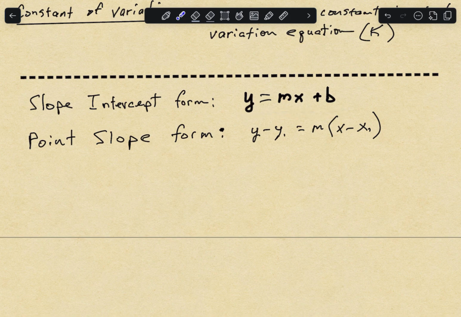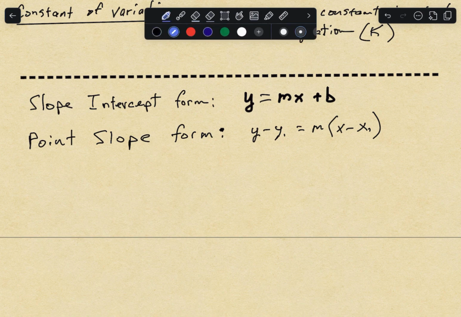Point-slope form. There's something very interesting about this. y minus y sub 1 equals m times x minus x sub 1. Now watch this. This is fun to do. Let's use blue. If I take this entire thing here, these are two factors, m and x minus x sub 1.